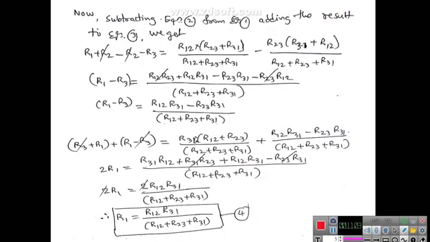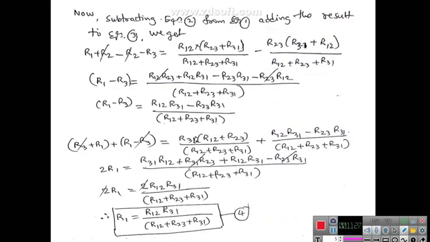Once we expand, these terms get cancelled, so we are left with R12 R31 minus R23 R31 divided by R12 plus R23 plus R31. This is the result of subtracting equation number 2 from 1.